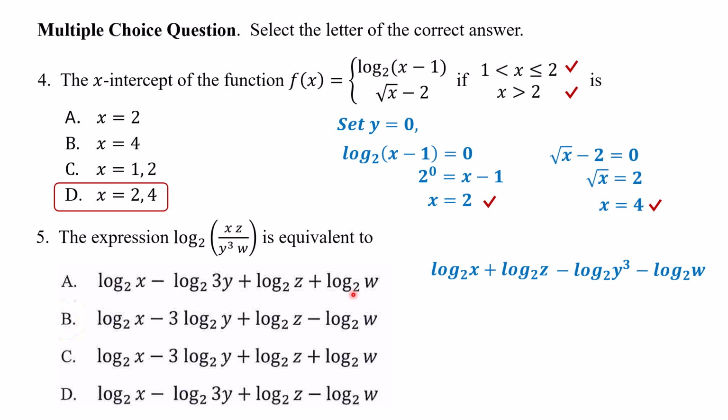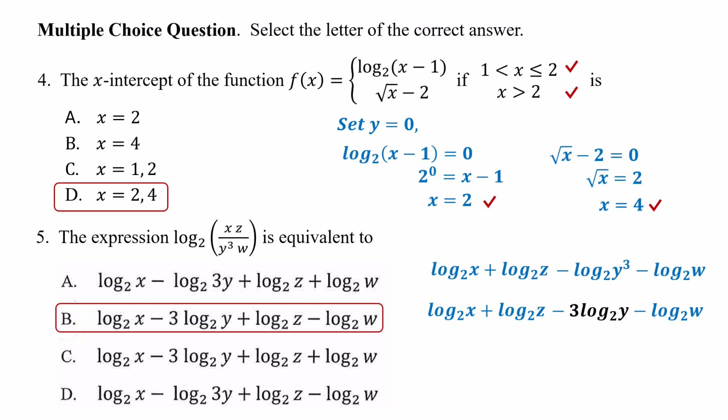So we will have minus log of y cubed minus log of w with base 2. And then after that, we can just copy the first, second, and the last term. And then the third term will show us the power property, which is minus 3 log of y. And then this is choice letter B.